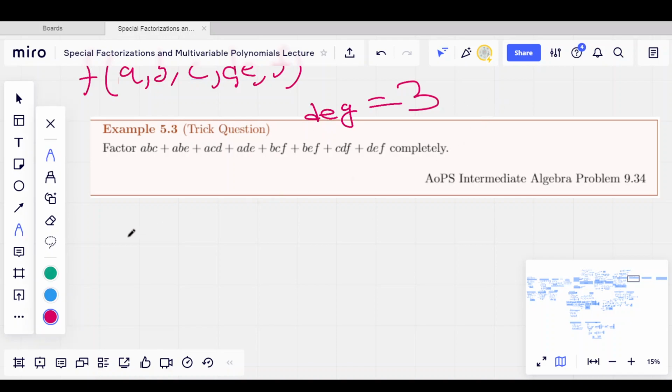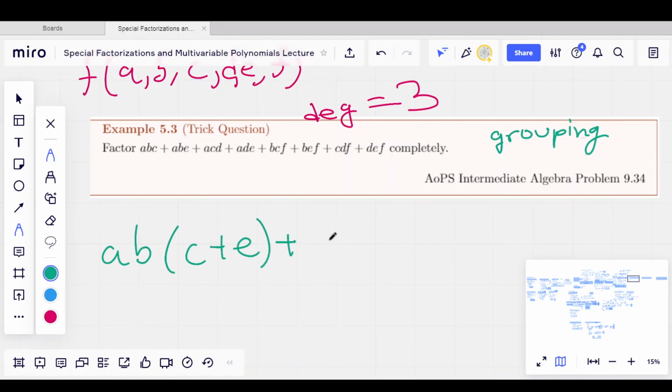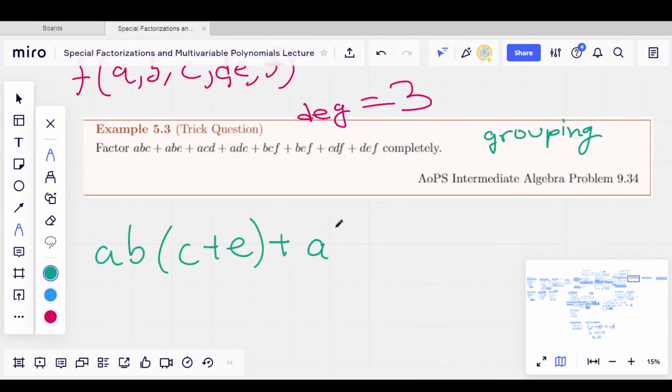because surprisingly, this is solved by SFFT, Simon's favorite factoring trick. Actually, not really. It's just grouping, I guess. Sorry, it's grouping. So, AB times C plus C, plus AD times C plus C. So I'm actually factoring 2 at a time.